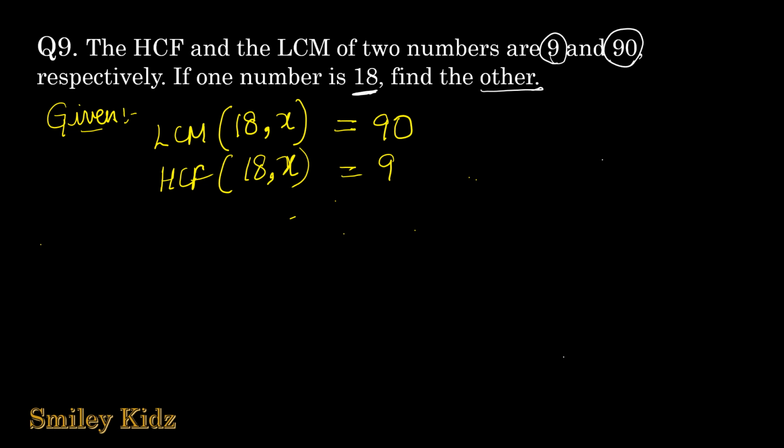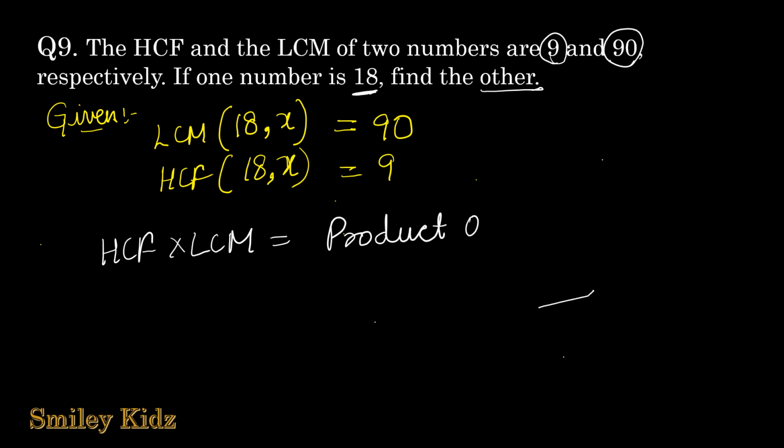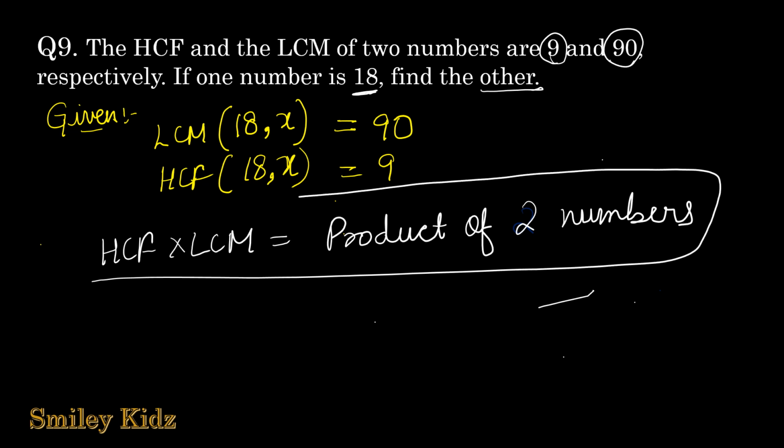Now, how are you going to find the other number? We know that HCF times LCM is equal to the product of two numbers.